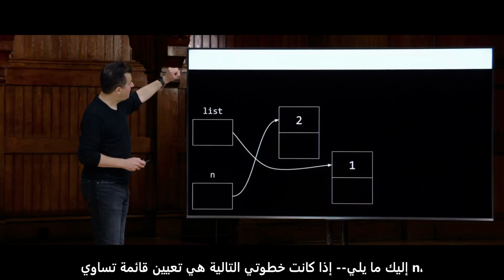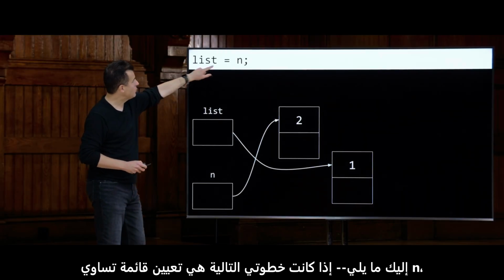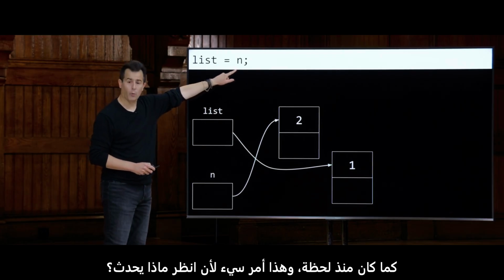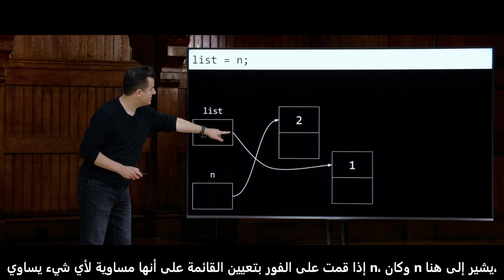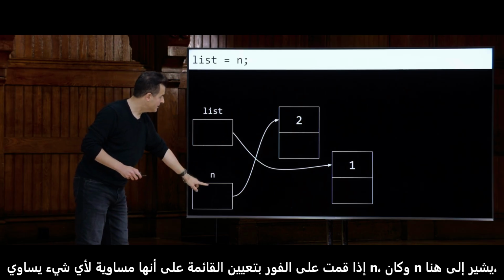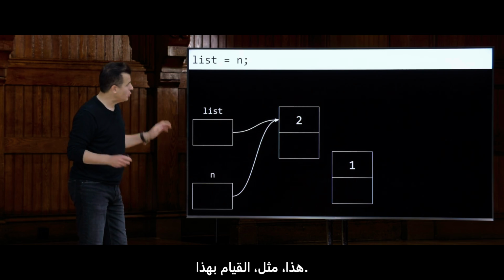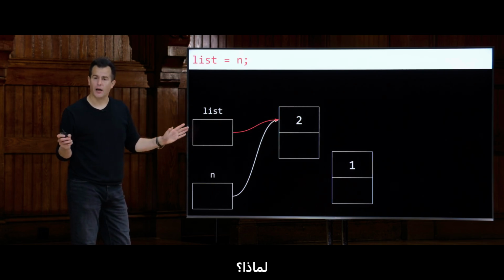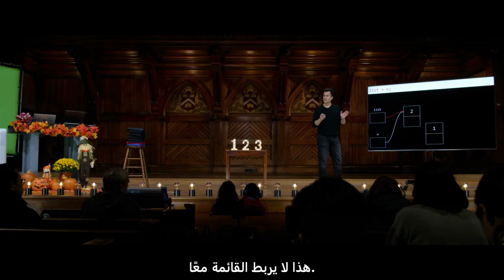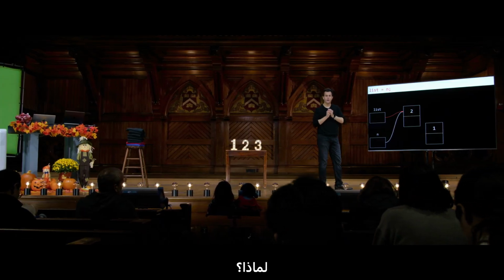If my next step is going to be set list equal to n, as it was a moment ago, that's bad. Because watch what happens. If I immediately set list equal to whatever n is, and n is pointing here, that's like doing this. And this is bad, as per the red on the screen. Why? This does not link the list together.